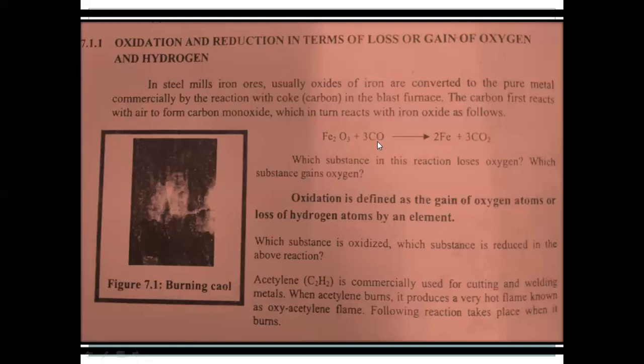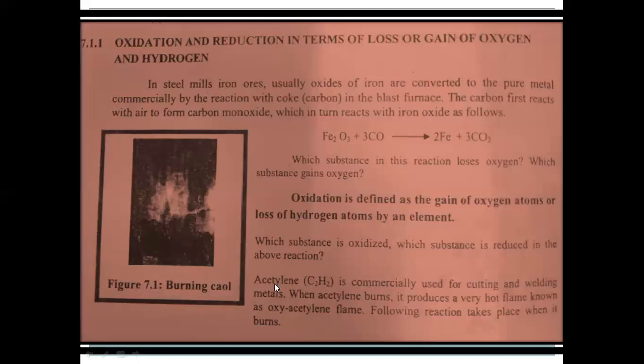Yes, carbon monoxide is oxidized, or carbon in carbon monoxide is oxidized. Which substance is reduced? Yes, ferric oxide. Iron in ferric oxide is reduced by losing oxygen atom, and carbon in carbon monoxide is oxidized by gaining oxygen atom. This was the first example.